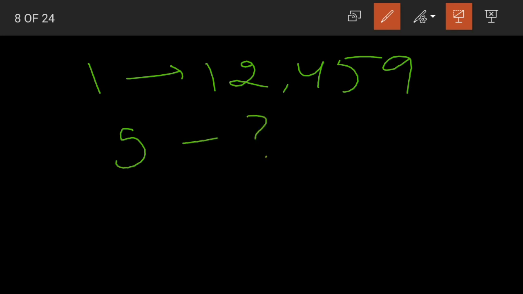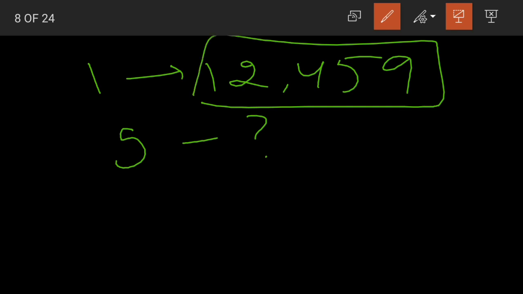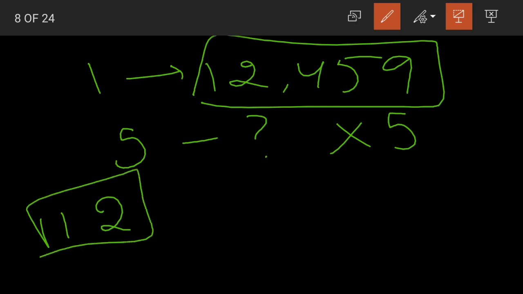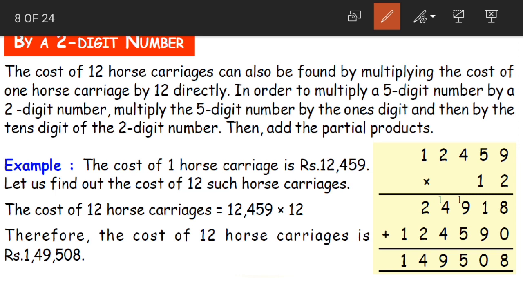Now how did we find out the cost of 5 carriages? We multiplied the cost of one carriage with 5. Yes, in the same way, when we need to find out the cost of 12 horse carriages, we need to multiply the cost of one horse carriage by 12. Clear children? Now that is what we will do here.